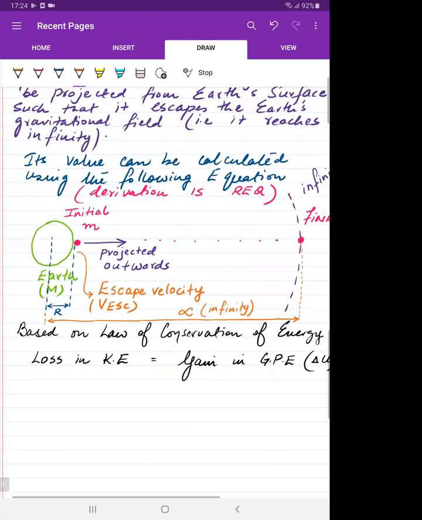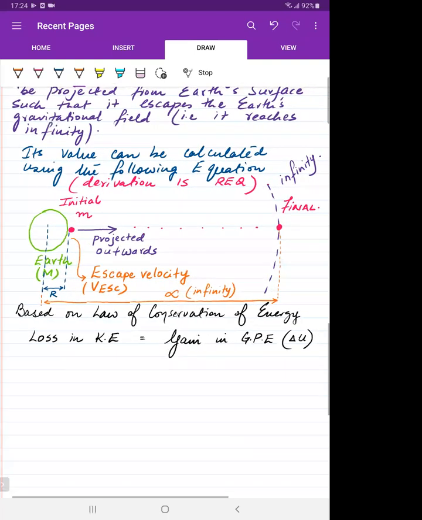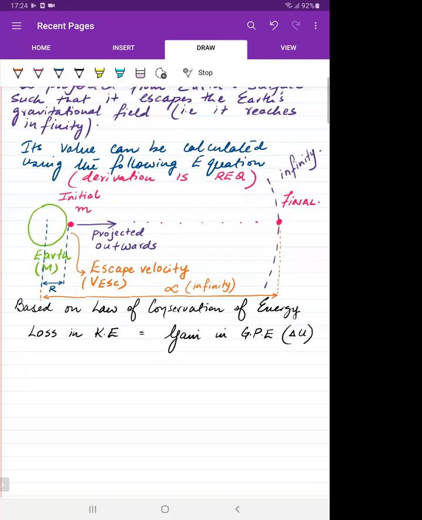All right. So let's see क्या result बनता है. So once again, my statement for loss in kinetic energy would be half m v escape square, basically half mv square. On the right hand side, again delta phi into m.